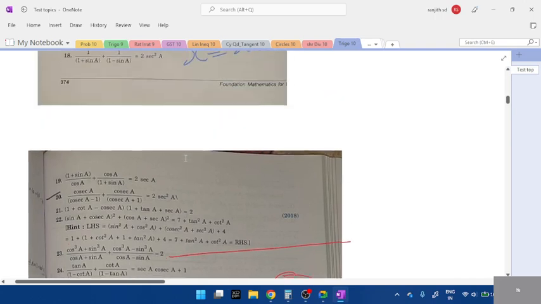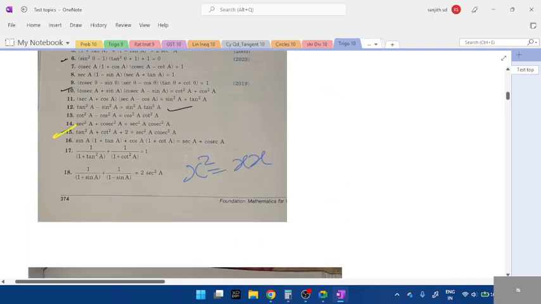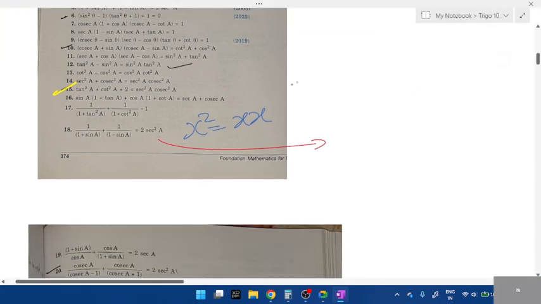So those who attended yesterday, I taught cube question, all these things. See, try this one. All of you try this question.